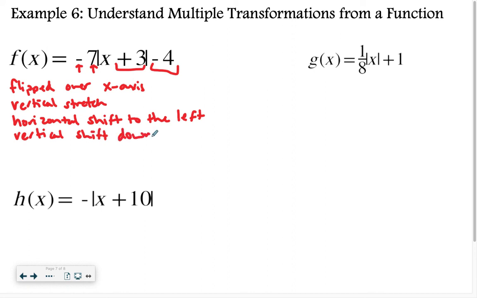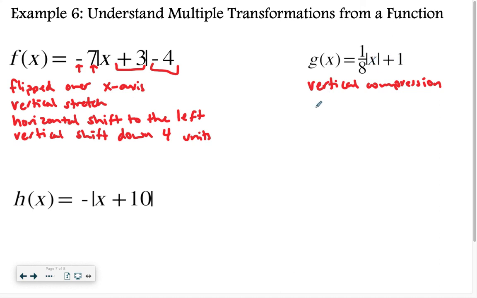Then over here, I have a positive 1/8, so it's not reflected over the x-axis. It's a number that's less than 1, so this is a vertical compression. And then there's nothing with the x inside the absolute value, so it's not shifted left or right.